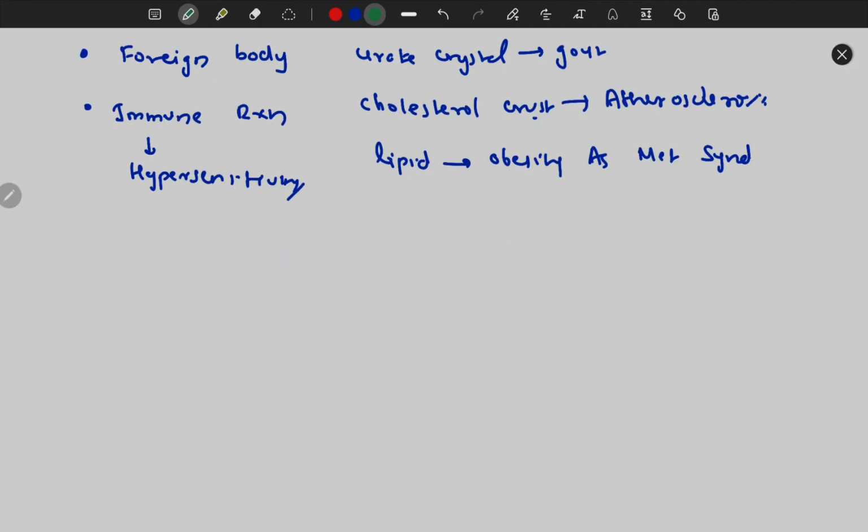Basically we have two types of inflammation, acute inflammation and chronic inflammation.